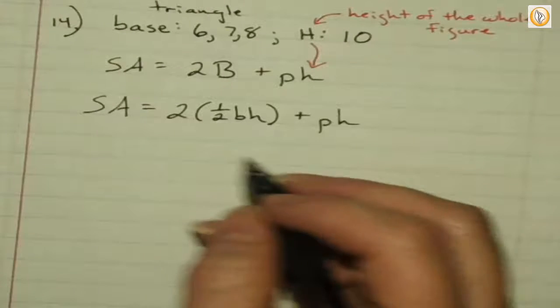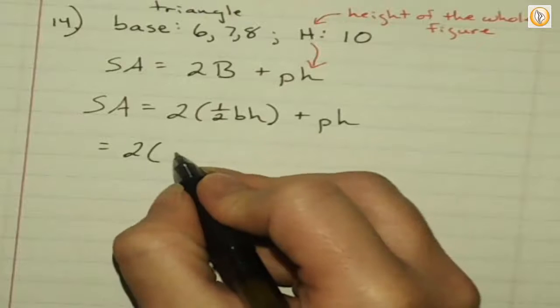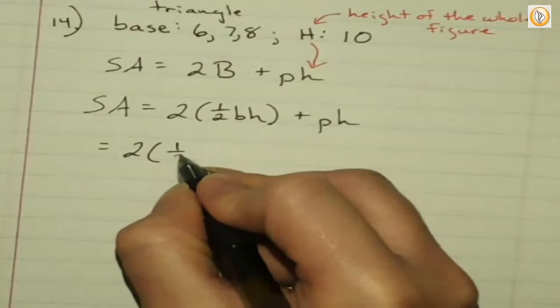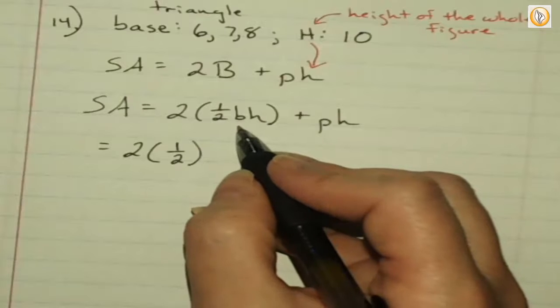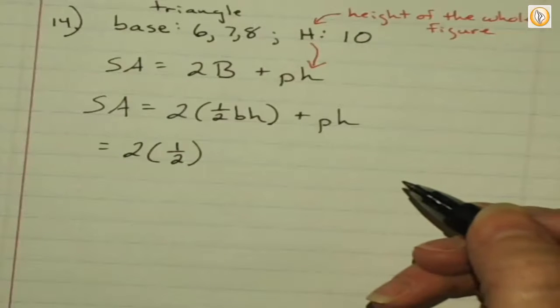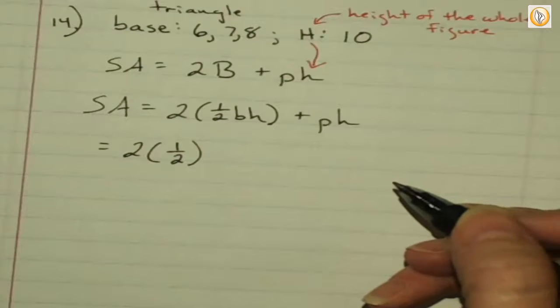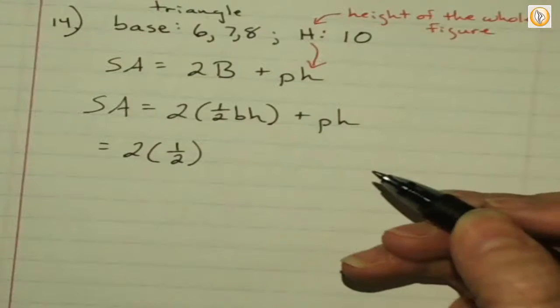Okay. So let's go ahead and solve that. 2 times 1/2 times, what do we know as the base and the height? The base is 6, 7, and 8? That's going to be your perimeter.